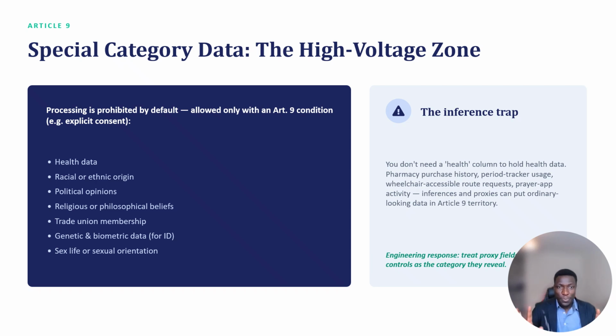So proxies and inferences drag ordinary looking fields like these into Article 9 territory. The engineering advice is to identify proxy fields during your classification stage and protect them like the category they reveal. I also forgot to mention criminal offense data. It also falls under special category data, hence should get similar restrictive treatment.